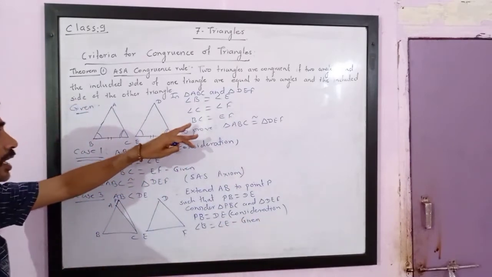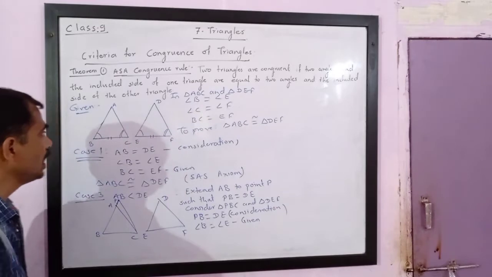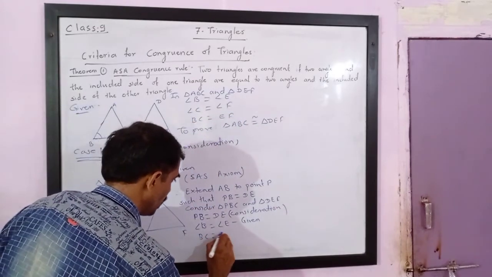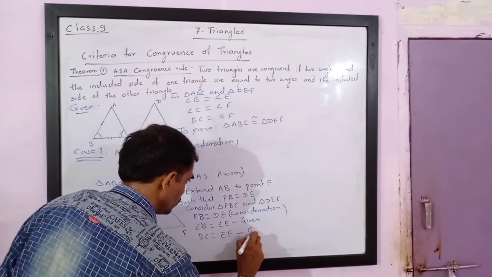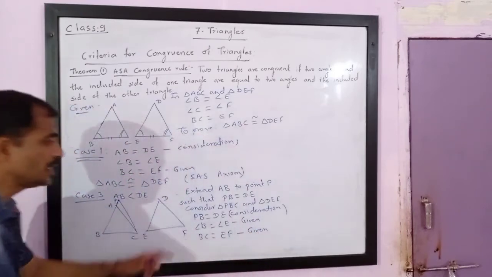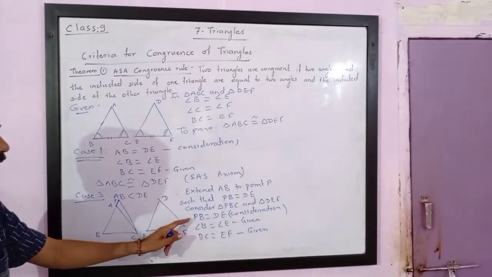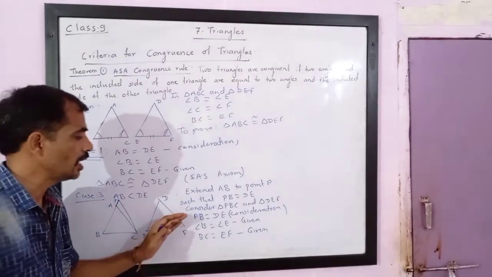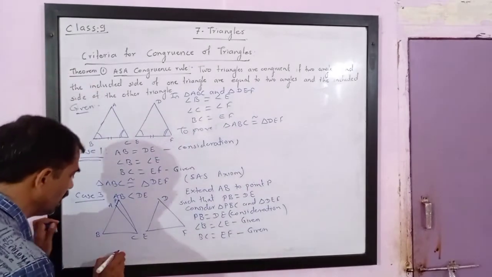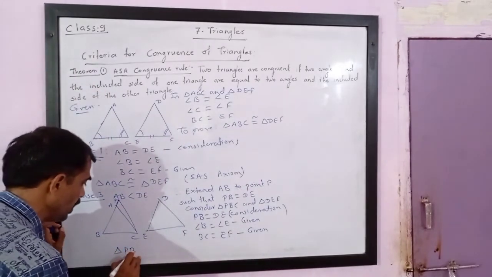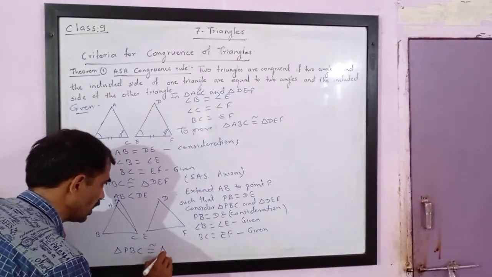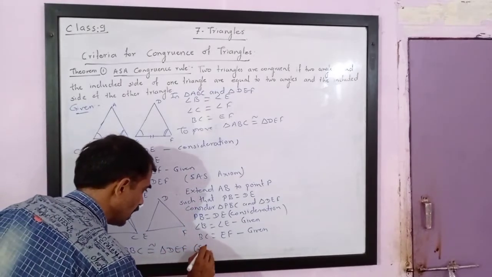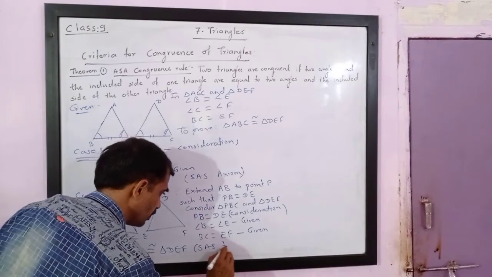Then BC is equal to EF. This is also given to us. It means these two triangles are congruent by SAS test, which we have earlier studied. So triangle PBC is congruent to triangle DEF by SAS test of congruency.